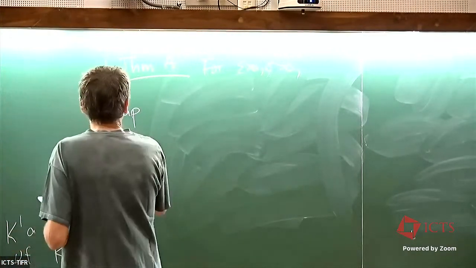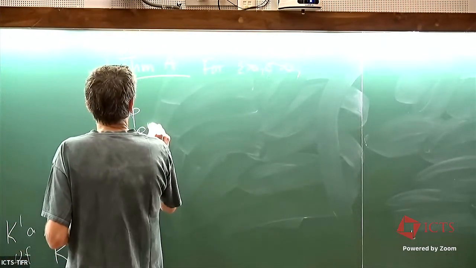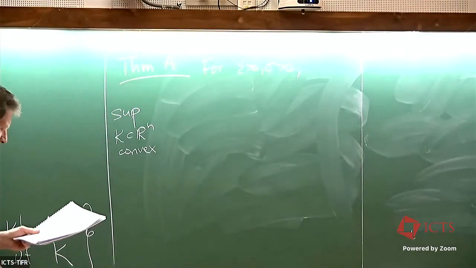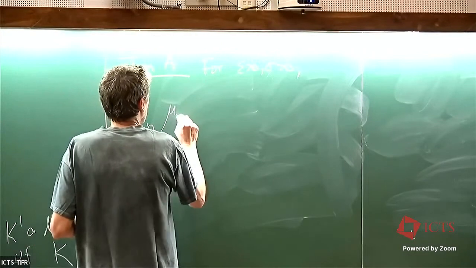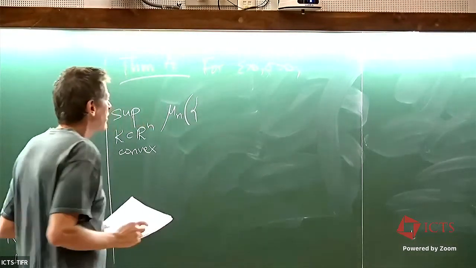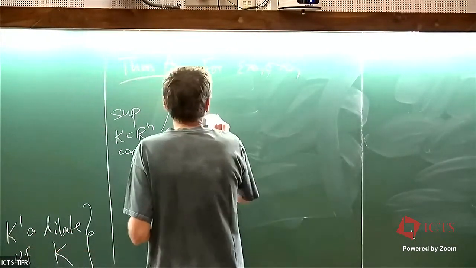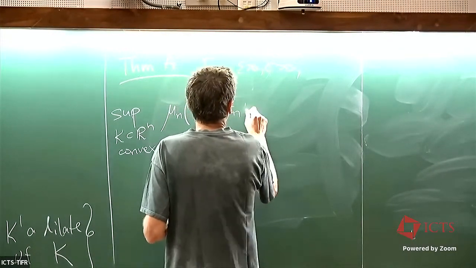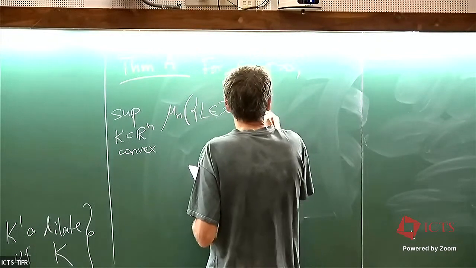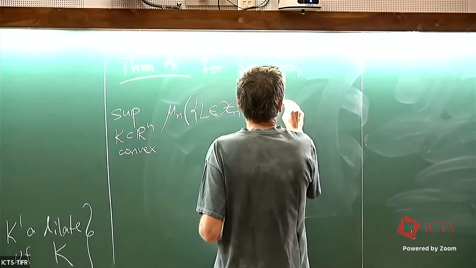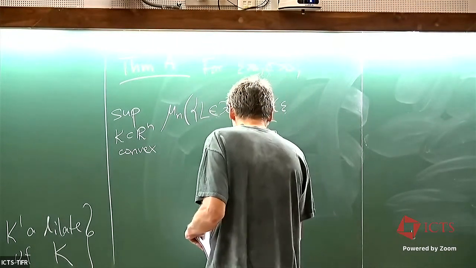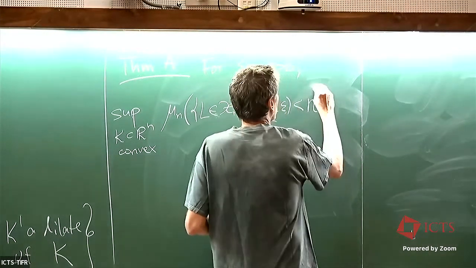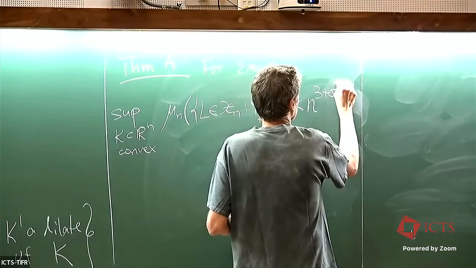We take a supremum over all convex sets K in R^n, and for each of them we use the Haar-Siegel measure to measure those lattices giving us the psi function less than n to the power 3 plus sigma.